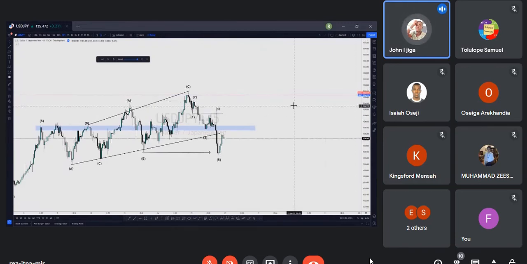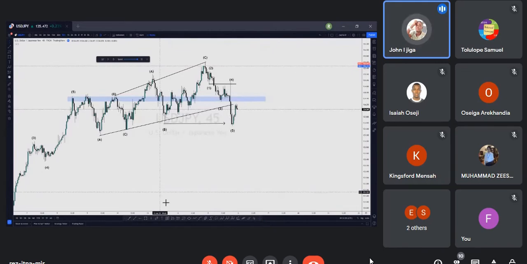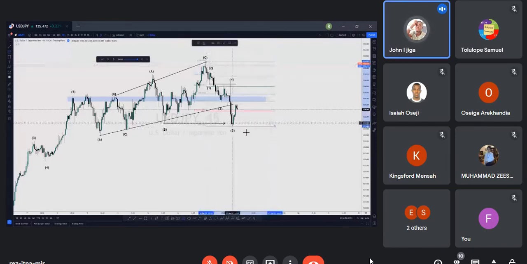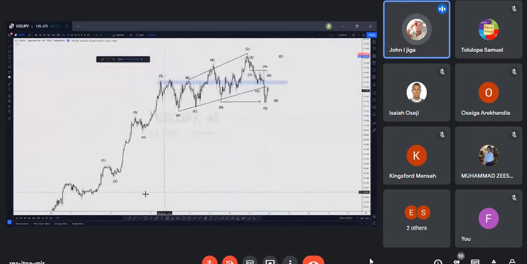But this is our analysis, and what we're expecting is wave C to move into premium of this range, right? We expect wave C, which is A, B, C, coming from here. Then we expect price to drop, probably back down to test this level.